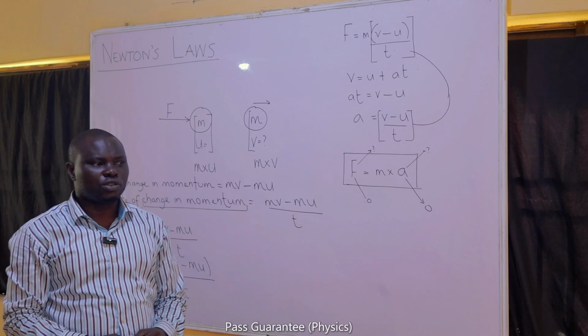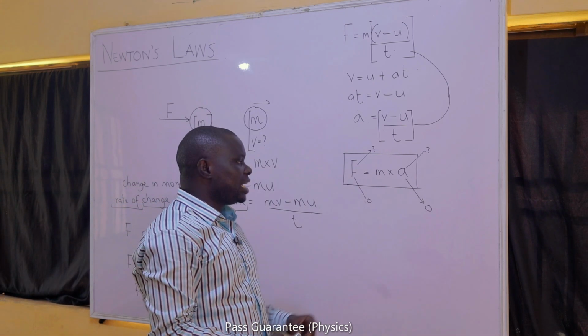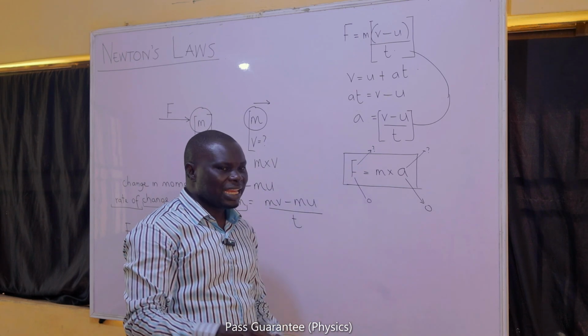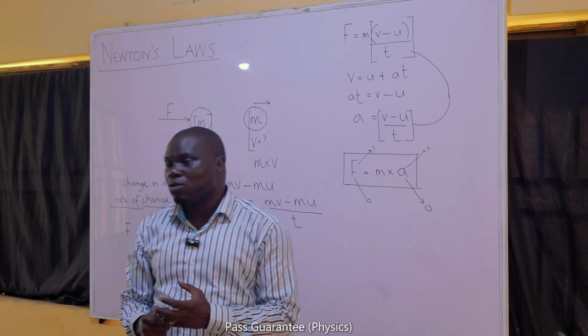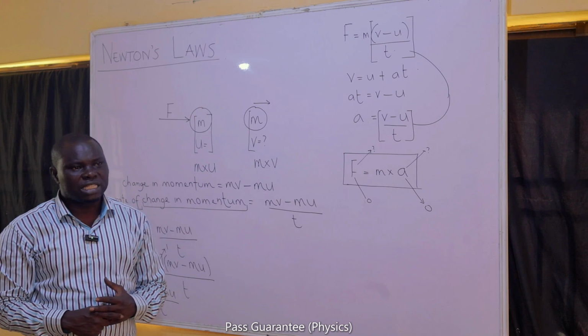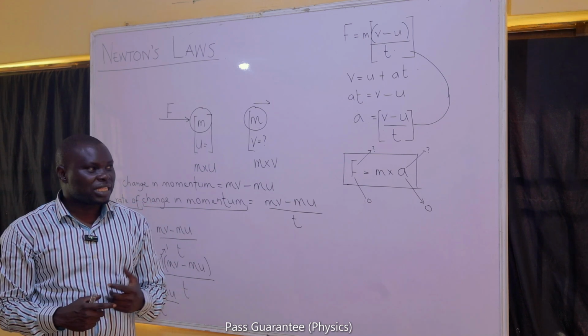It is not possible for you to have a force acting on an object and the acceleration will still be 0. When the force is 0, the acceleration is 0. And there are two instances in physics where the acceleration can be 0. Number 1, when an object is at rest, it's not accelerating. Number 2, when an object is moving with constant velocity, the object is also not accelerating.